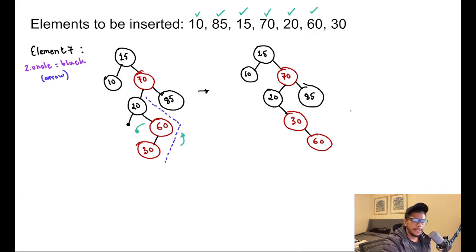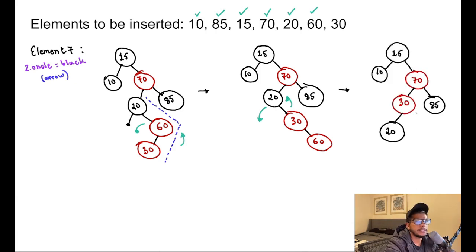Now, the next rotation that is to happen is 30's parent is 20, so 20 has to rotate. So it's going to be an anti-clockwise rotation again. Okay, so 30 will act like a pivot. So after we make that rotation, we now have something of this kind.